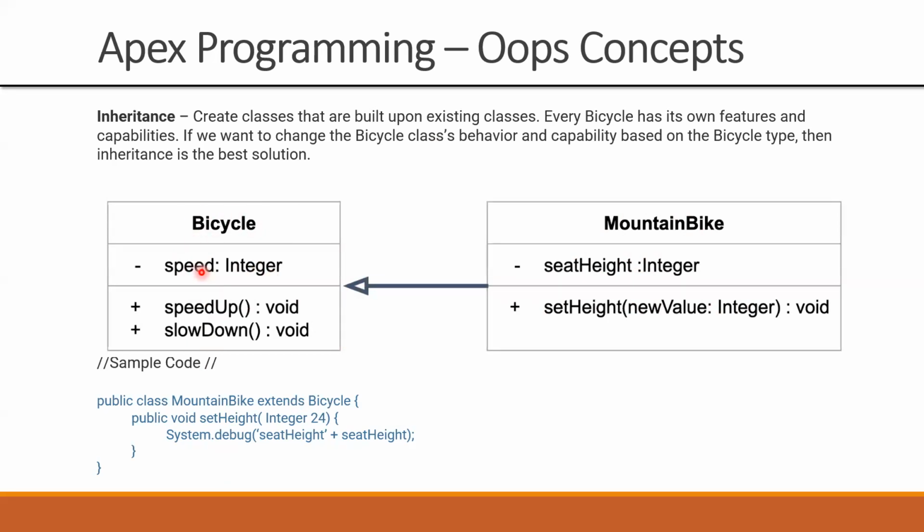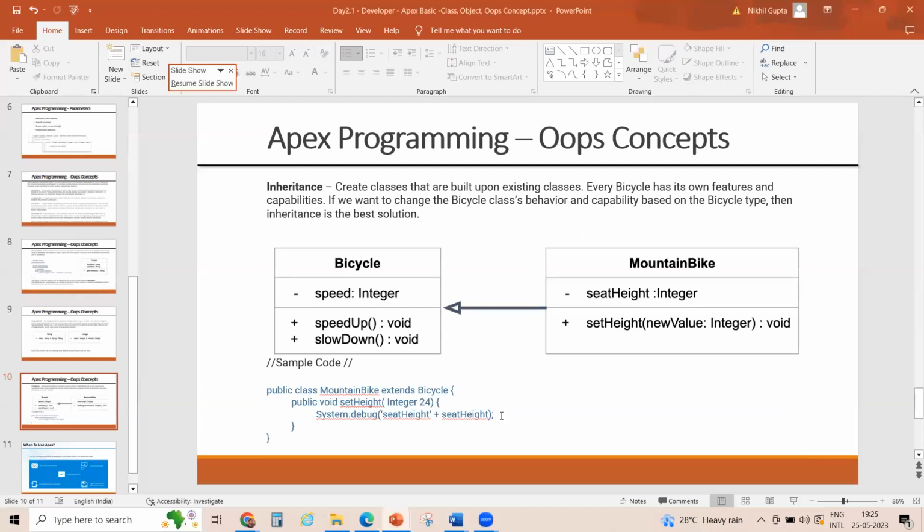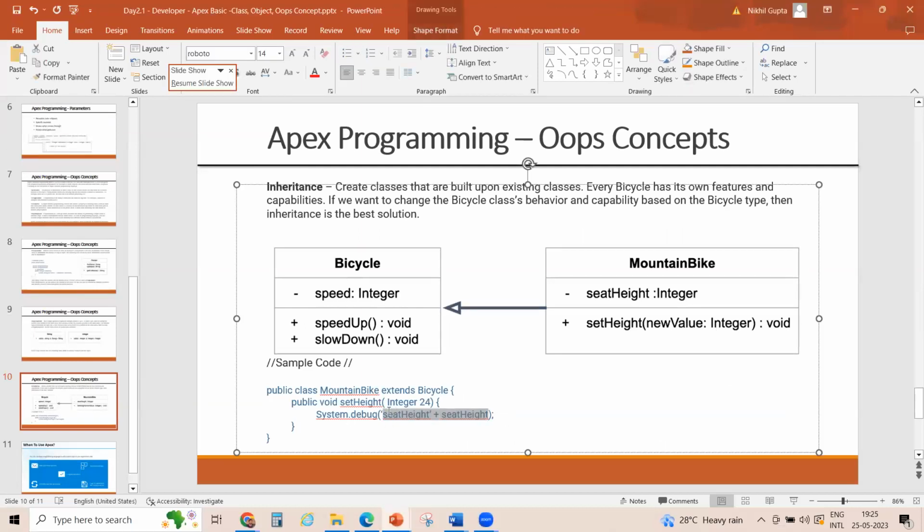So let's say, for example, let me tell you, if I say speed of mountain bike equals to, can I call this or not?